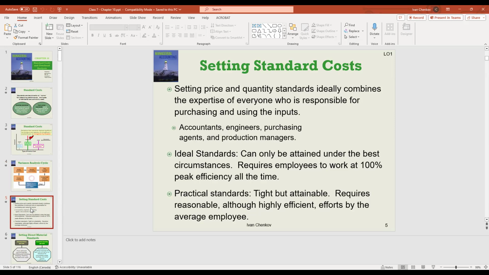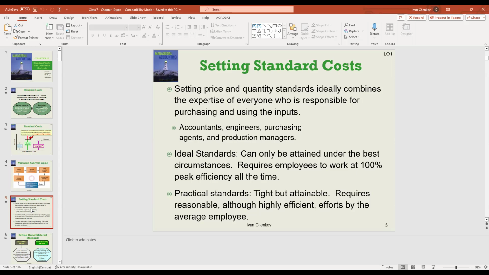And we're going to identify that there are two common standards. One is the ideal standard. Now, the ideal standard can only be attained in the best circumstances, which pretty much never exist.